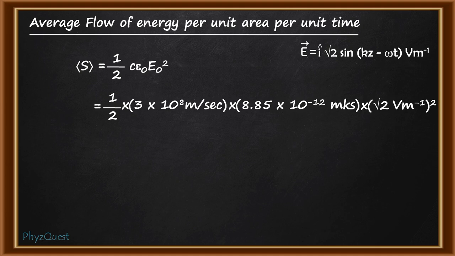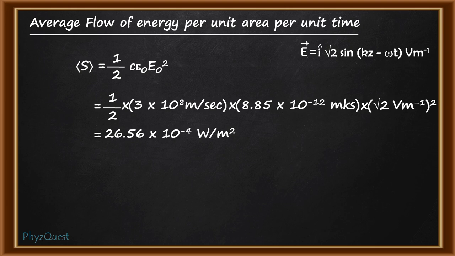Now when we solve it, root 2 square will be equal to 2, and here we already have a 2, so both of them get cancelled. Ultimately we just have to multiply these two terms. Upon multiplication, this will be equal to 26.56 into 10 to the power minus 4 watt per meter square.